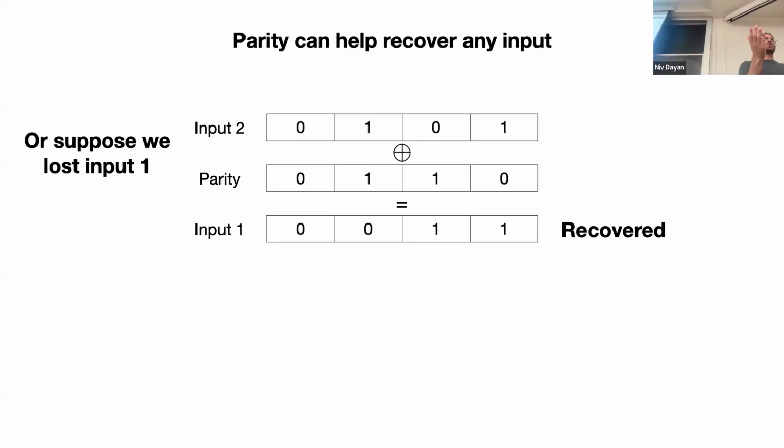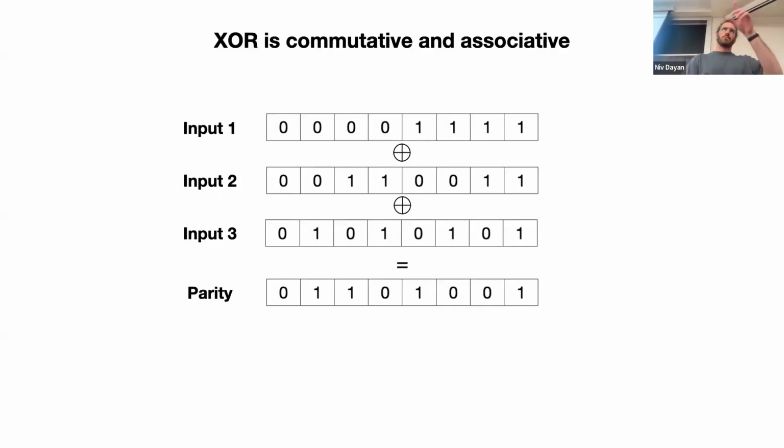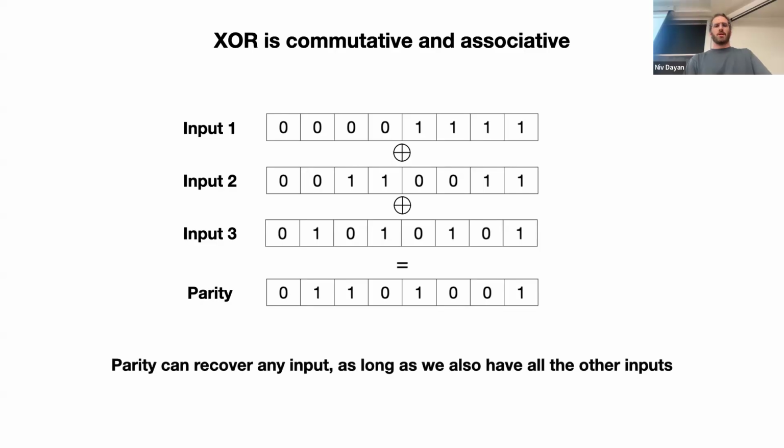Generally, however many drives I have, I can have one drive that will just store parities. So that was good. Another note about XOR: XOR is commutative and associative. So no matter how many inputs you actually have, you can still recover any individual input, assuming that you have the parity.